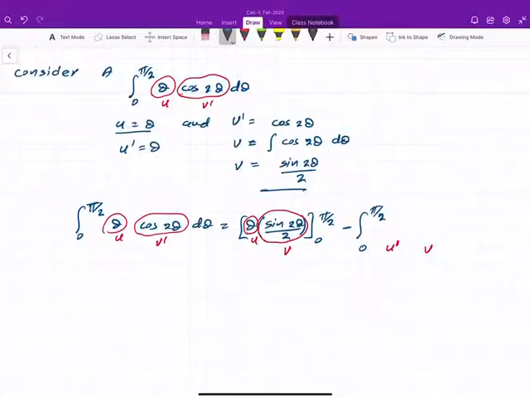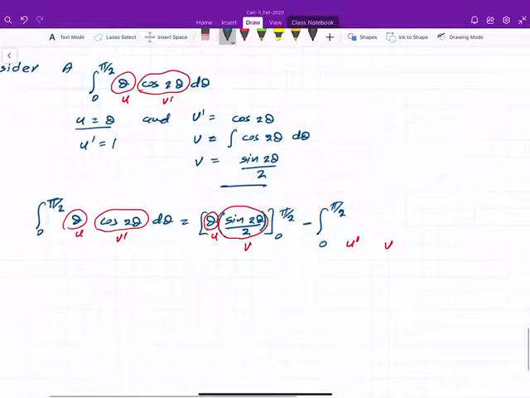U is theta, u prime is 1. So you write 1 times v, which is sine 2 theta over 2.